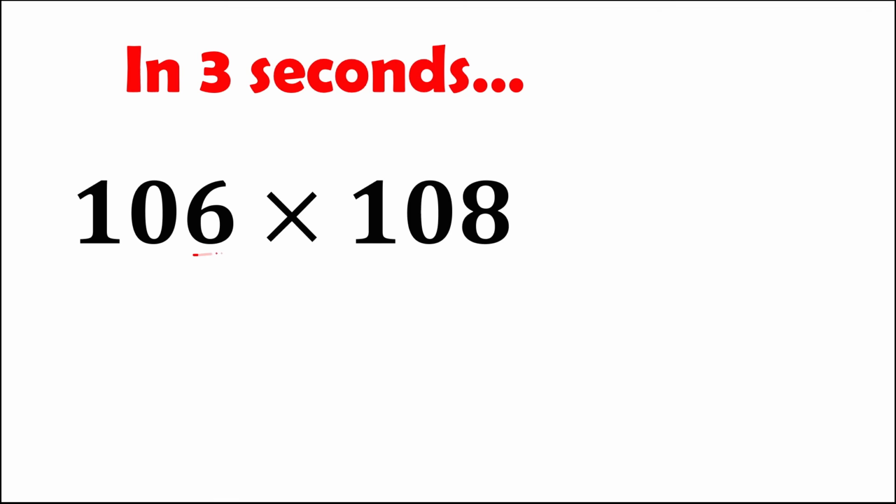So since 106 is plus 6 from 100 and 108 is plus 8 from 100, then you can add 106 plus 8. So that's 114. Or this 108 plus 6, this is also 114.